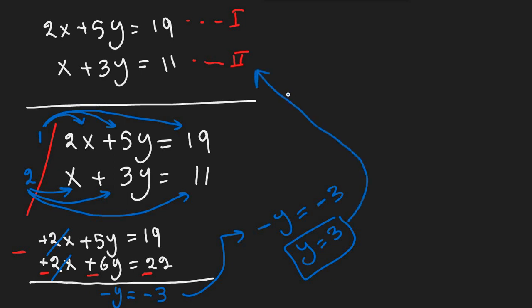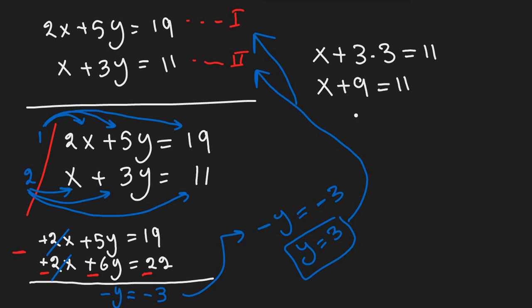Now you can substitute it in the second or the first equation. For example, the second one is easier, it has a small number, so I will put it in the second one. y is 3, so I will say x plus 3y, now y is 3, 3 times 3, equal to 11. x plus 9 equal to 11, x equal to 11 minus 9. x equal to how much? 2.